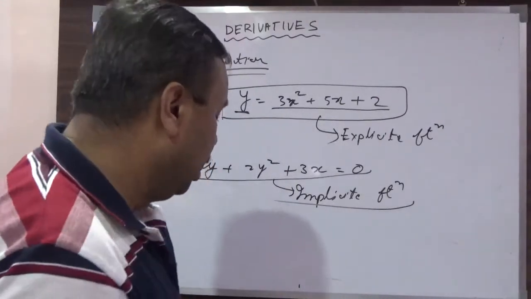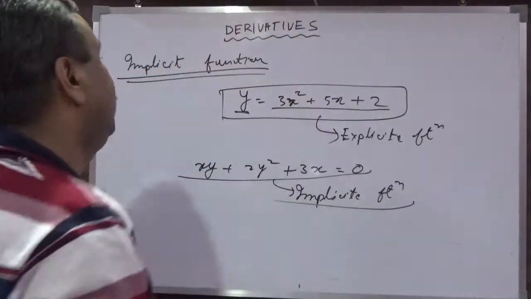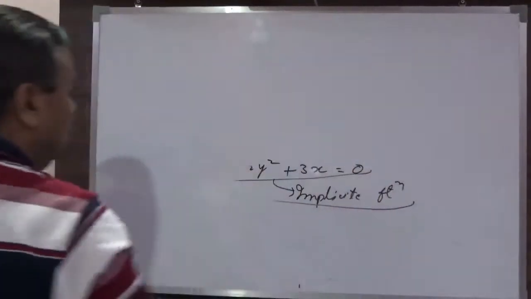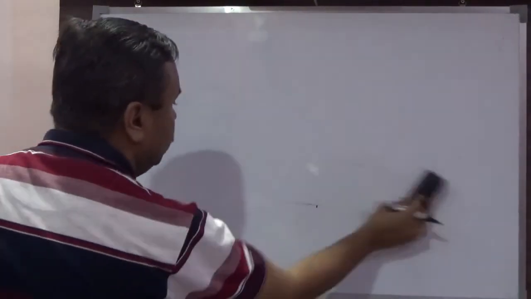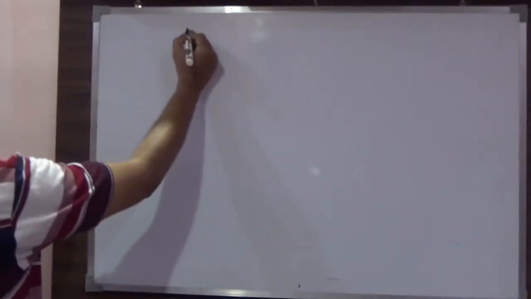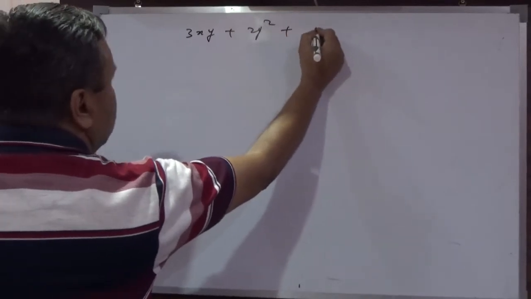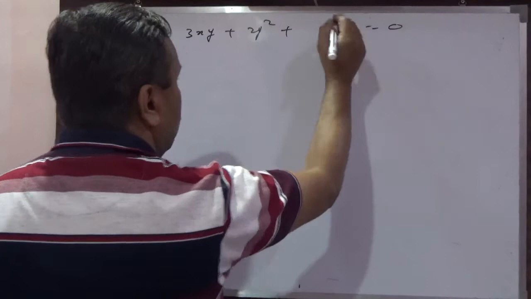So that is called dy by dx. I am taking an example. Suppose that I am given 3xy plus 2y square plus 5x is equal to 0.